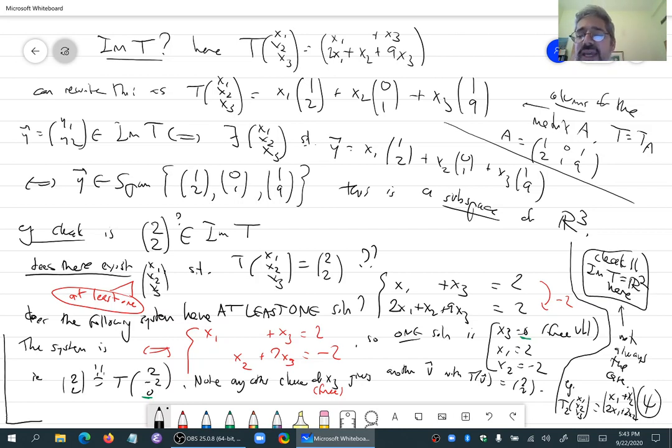And so you couldn't get anything you liked. You couldn't get 1, 1, because that wouldn't have the second coordinate equal to twice the first one. So here the image is what is called a proper subspace of R2, and I'll let you think about that. We'll talk about this in the actual lecture. I want to keep this a relatively brief video today. Great.